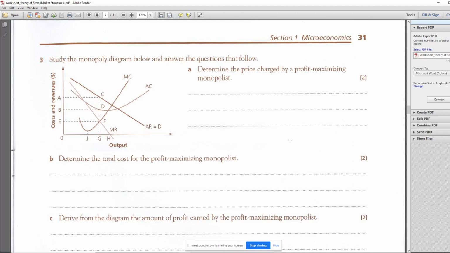Cheryl, that's very good for the opening of this answer. Because if you are a monopolist, you are not going to produce where MC is equal to MB, because you are looking for profits. So this is the first thing that you are going to write in your answer.